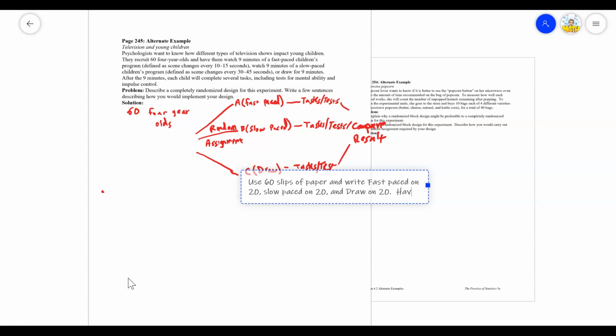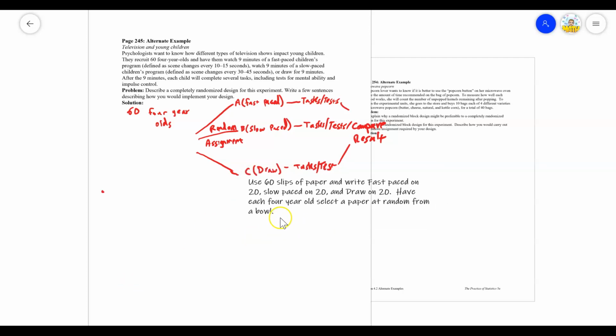Okay, have each 4-year-old select a paper at random from a bowl. Some people say they put it all in a hat. You might need a pretty big hat for that.